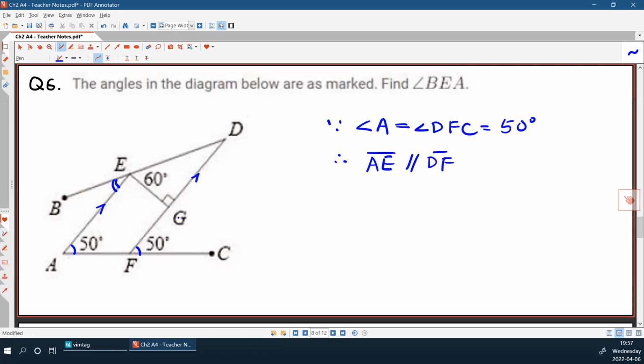Right? And if we have two parallel lines and this angle here is 90 degrees, then this angle here must also be 90 degrees, right? Because these two angles are alternate interior angles, right?